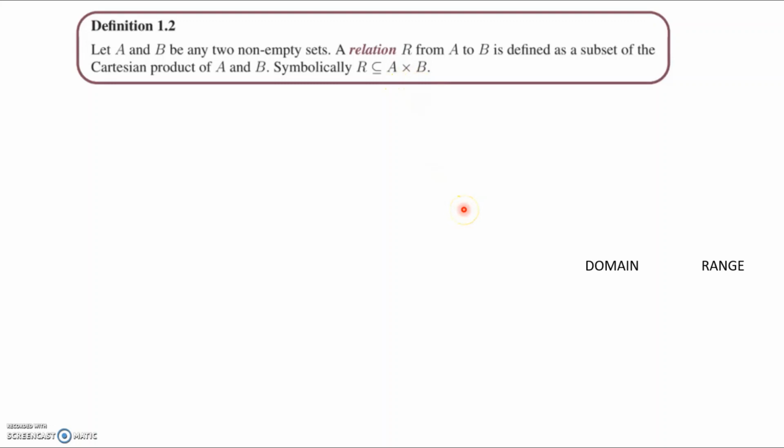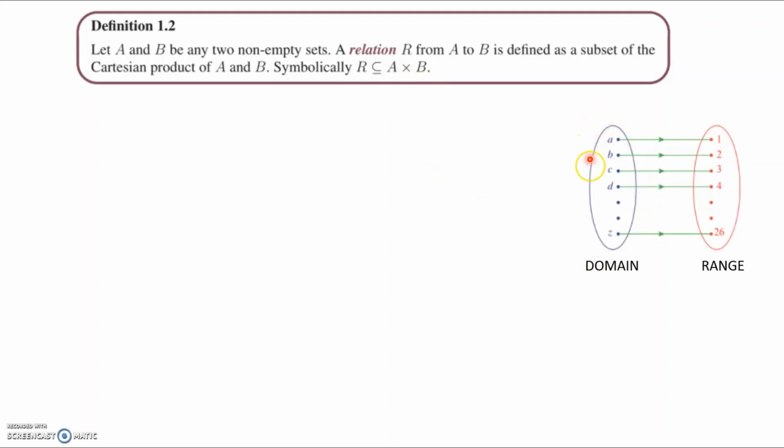So what this means is you have, let's say, this is A and this is B, and there is a relation for the elements which are in A to B. So like here you can say A is related to 1. So this will be (A, 1), (B, 2), (C, 3), and so on.